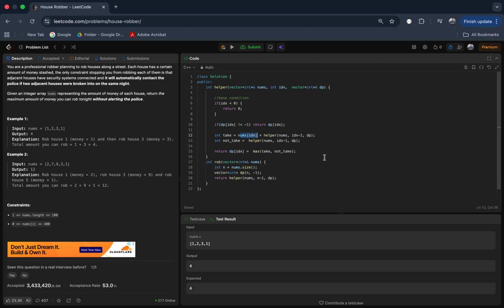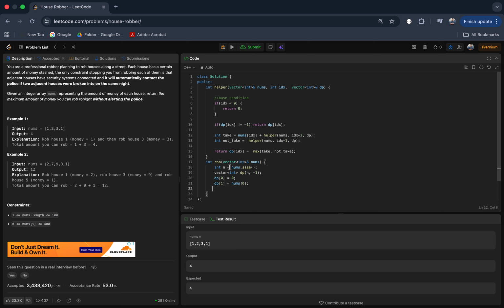Then the next thing we can do is write our tabulation approach, which is basically bottom up. So in the tabulation approach, we need some initial conditions, like dp of 0 we have to make it 0, and dp of 1 we have to make it nums of 0.